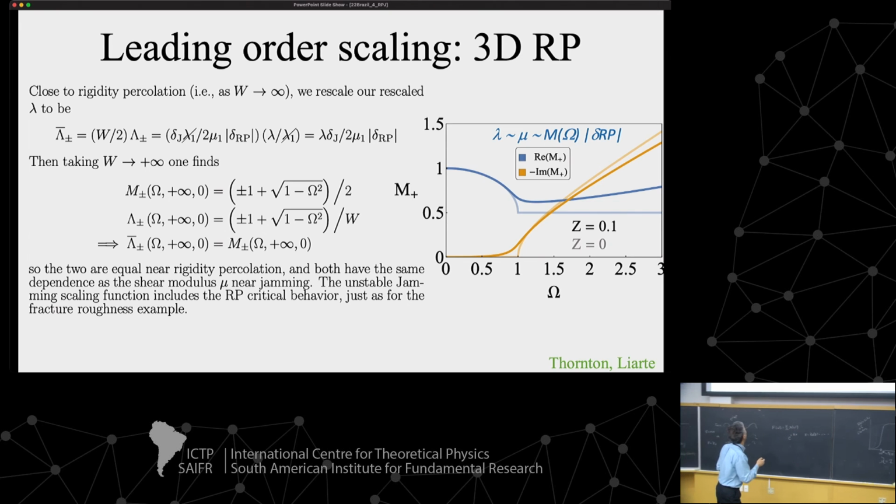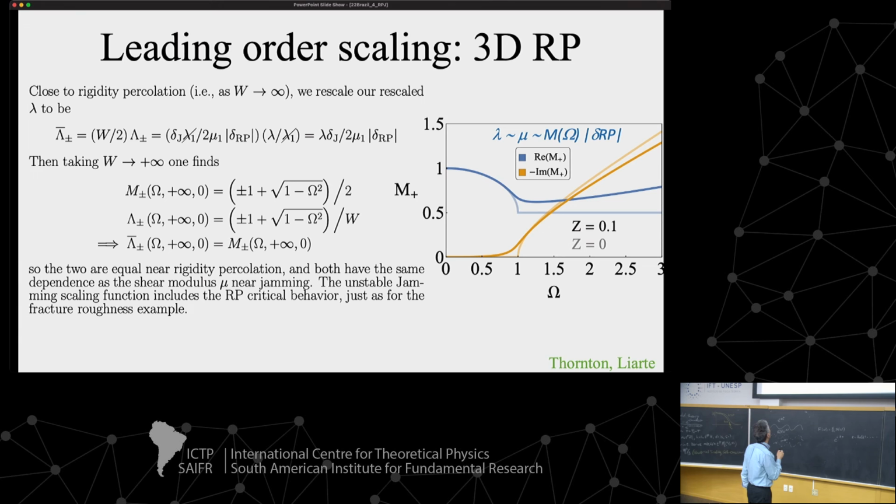All right, so what we do is we change variables to the variables appropriate for rigidity percolation, where instead of taking delta RP to the 0, we're going to multiply by delta RP, and this is all lambda 1 for rigidity percolation, which involves these constants.